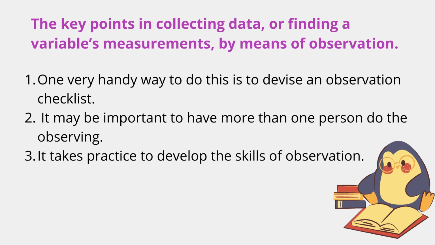The key points in collecting data or finding variables' measurements by means of observation: First, one very handy way to do this is to devise an observation checklist. Second, it may be important to have more than one person do the observing. Thirdly, it takes practice to develop the skills of observation.